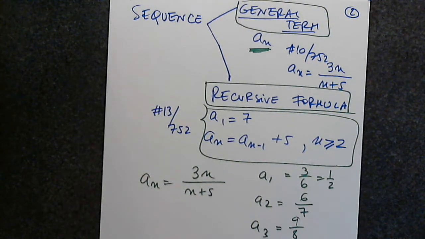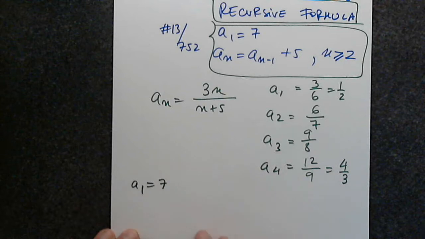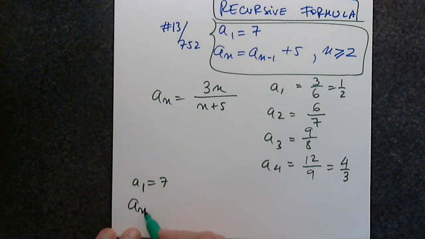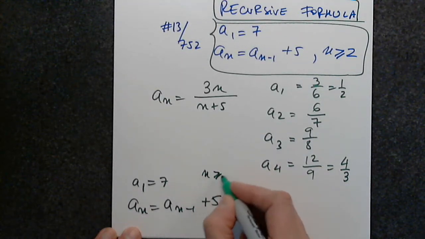Let's see what problem 13 is asking us to do. In 13, we want to write the first 4 terms of each sequence. So I'm going to copy it here. A1 is given to us, but then thereafter we are given this. And we are told the formula is valid.